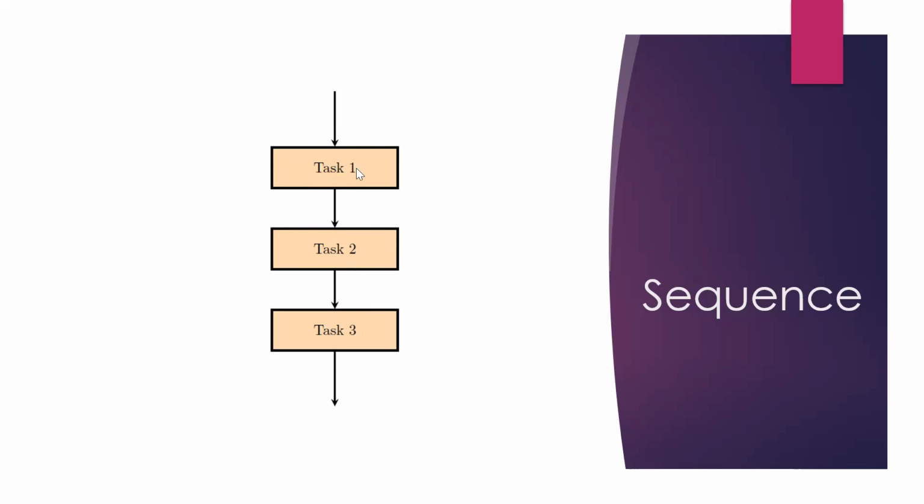So this is task 1, task 2, task 3. The line indicates that you start from the top, you perform task 1, then you perform task 2, then you perform task 3 and go.